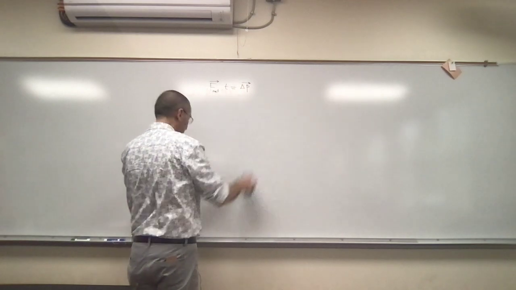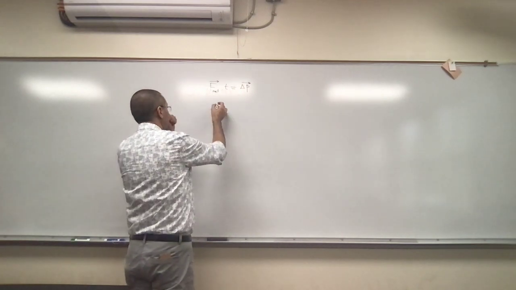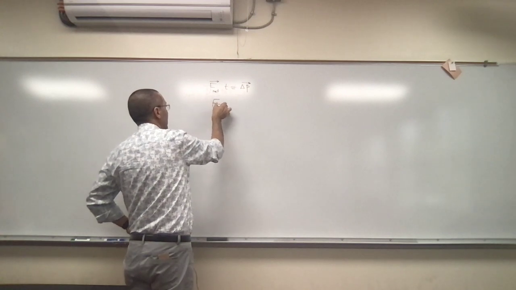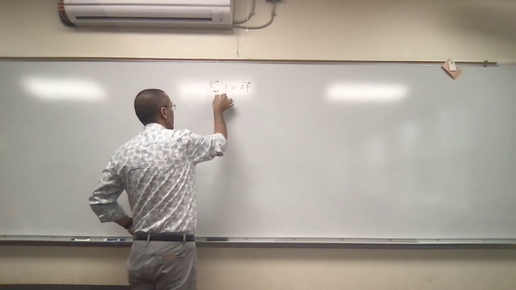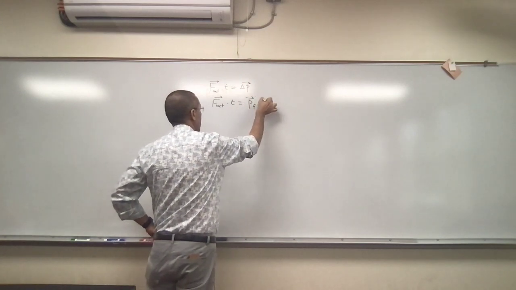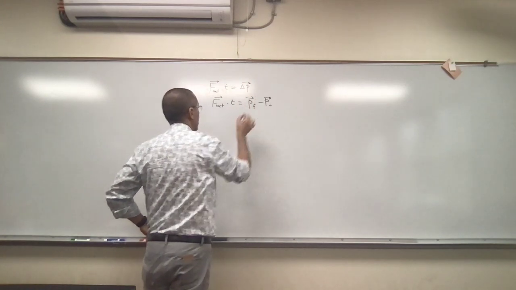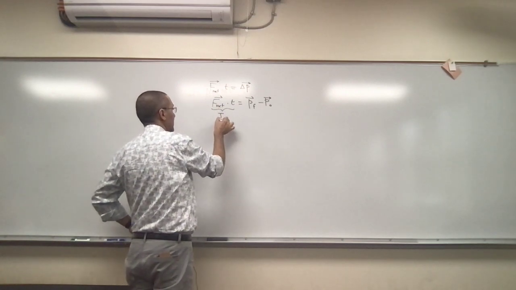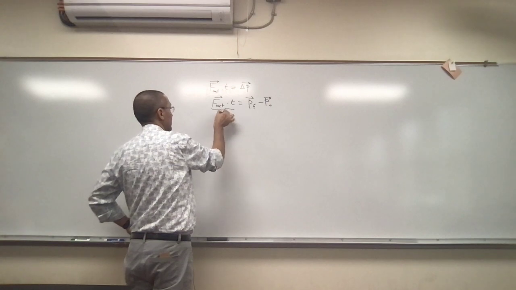Now, I'm going to write another formula that I didn't talk about in the past. So I'm going to say F net times T is equal to P final minus P initial. Okay, I'm going to rewrite this differently. So this is the external impulse.